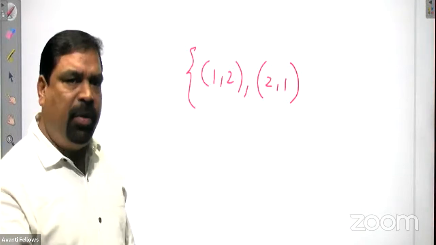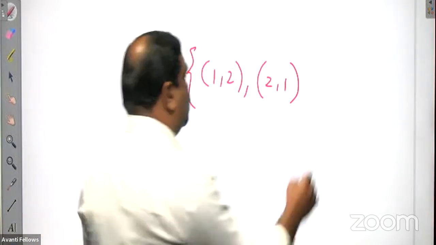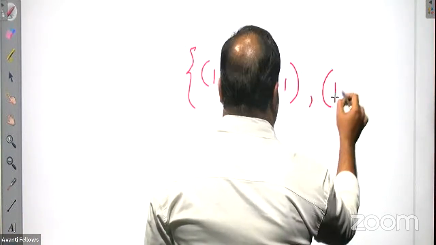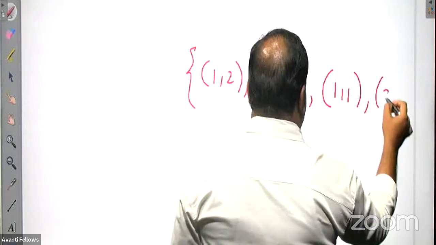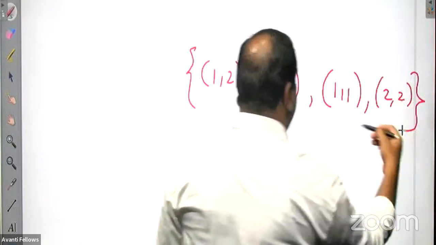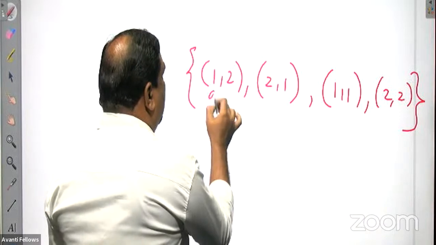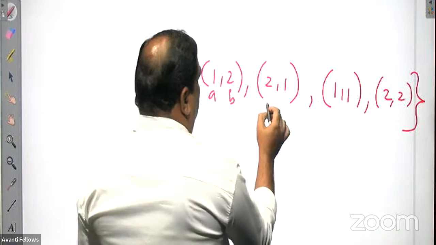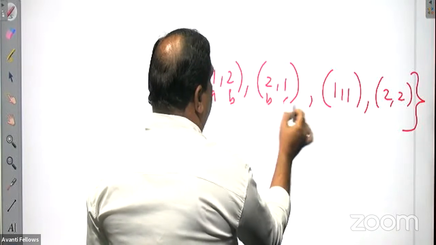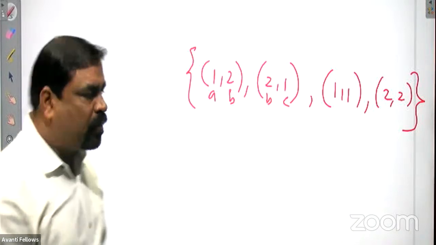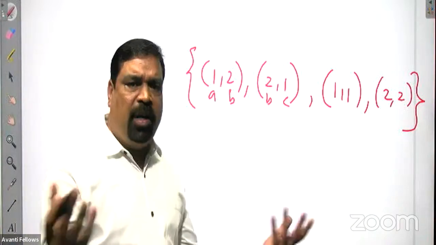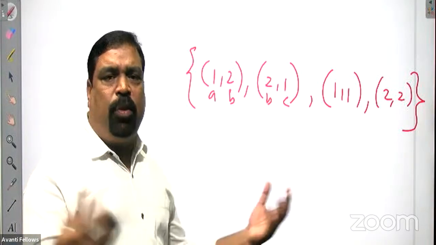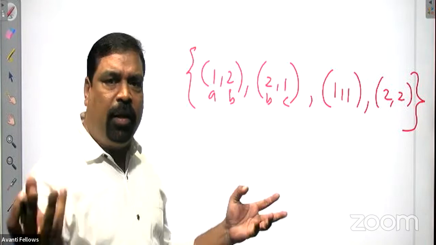So for transitivity, what we have to add? (1, 1) and also (2, 2). So A is 1, B is 2, and C is 1. It can be like that. There is no condition that A and C should be different. Don't think like that.